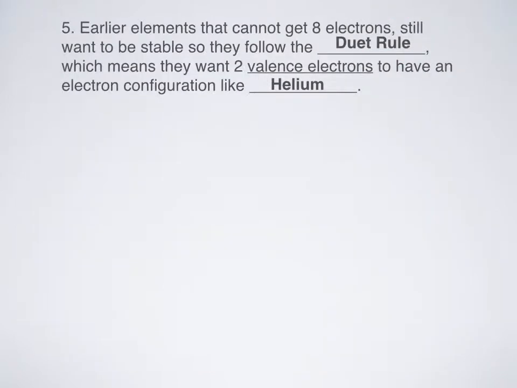Now there are some elements that can't get 8 electrons. I mean, think about it: hydrogen and lithium and beryllium, a lot of very early elements on the periodic table can't really get 8 electrons. So what do they do to get stable? Well, they follow something called the Duet Rule. The Duet Rule means that they want to get 2 valence electrons like helium. Remember, helium is a noble gas, the only noble gas that does not end in on.